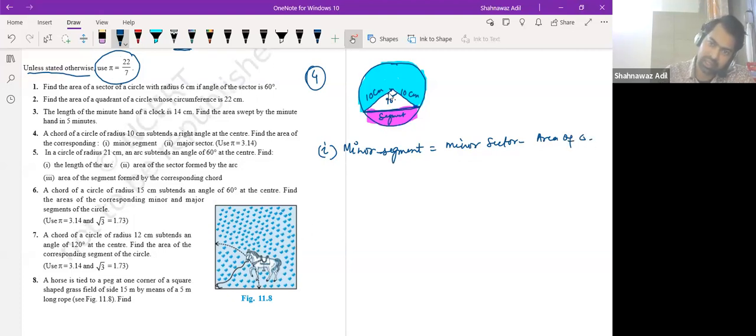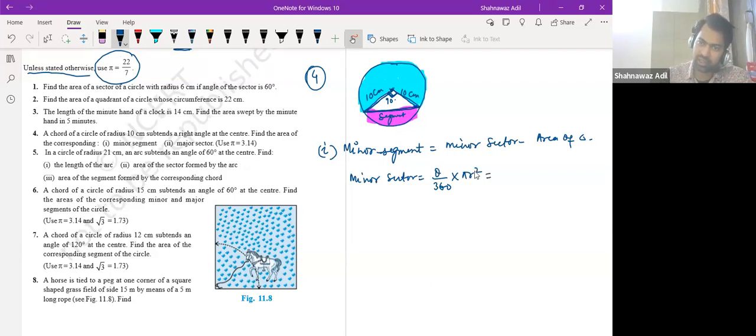And this is 90 degree. So either we can use the trigonometric relation, or we can use, let's say this is the base and this is the height. Let's find out all these things. Minor sector is theta by 360 times pi r square.